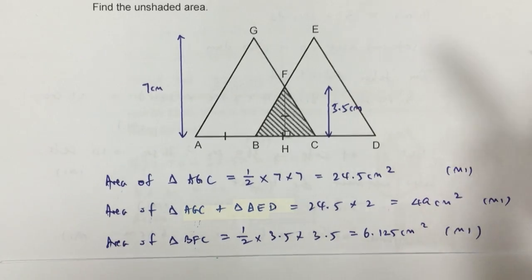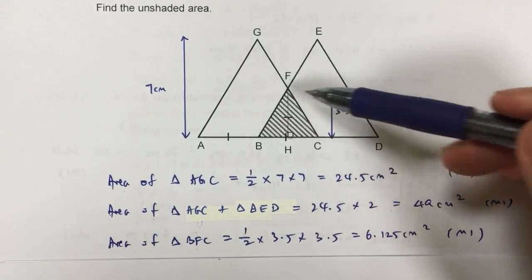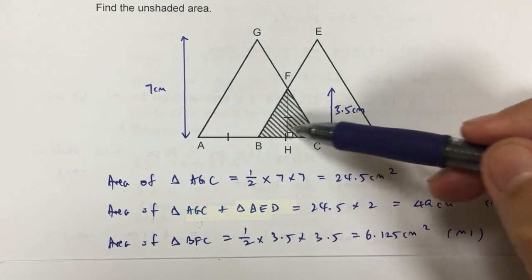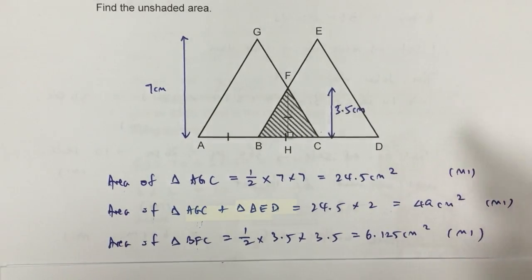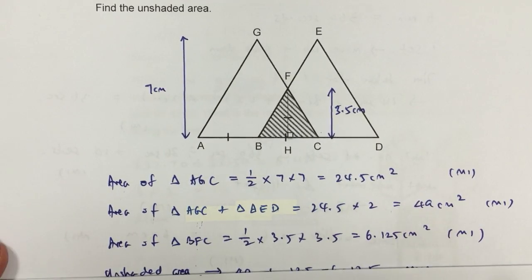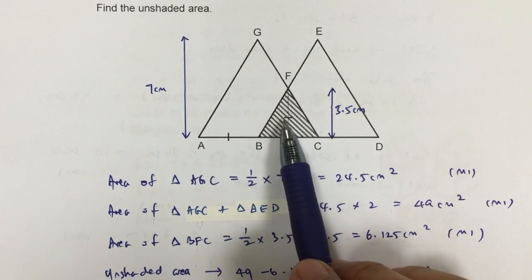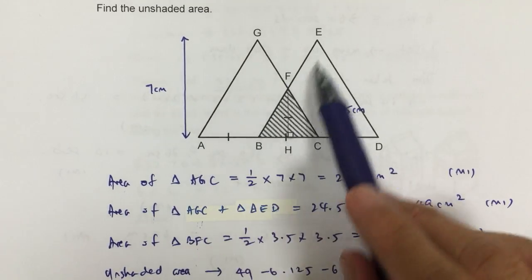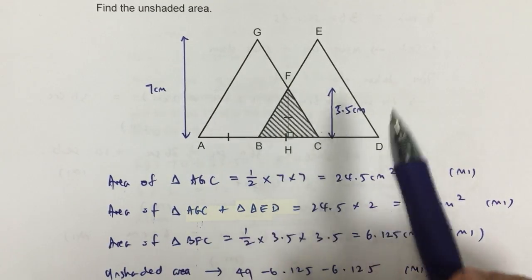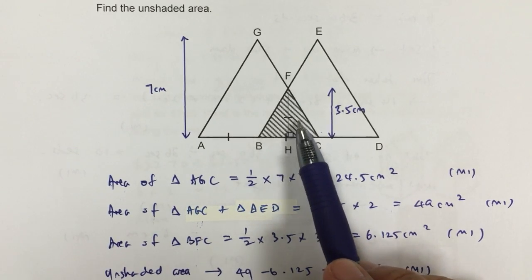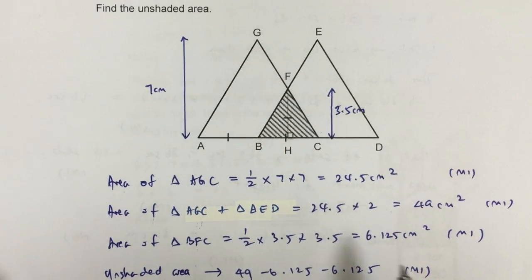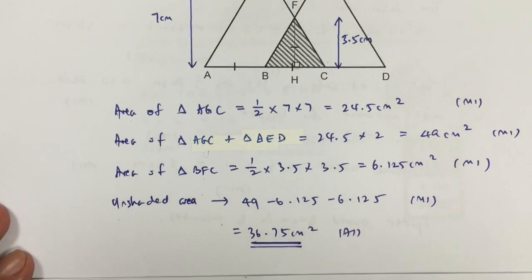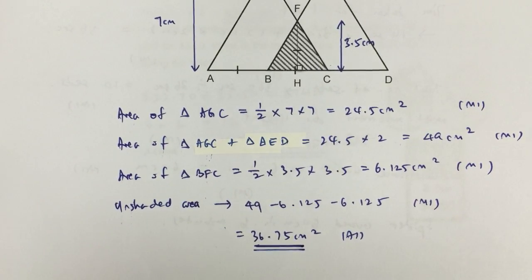Then I find the area of this shaded region, which is half times 3.5 times 3.5, 6.125. Recognize that the two triangles overlap this one 2 times. So if I take these two triangles, I must minus away 2 times this shaded region. So I have 36.75 cm squared.